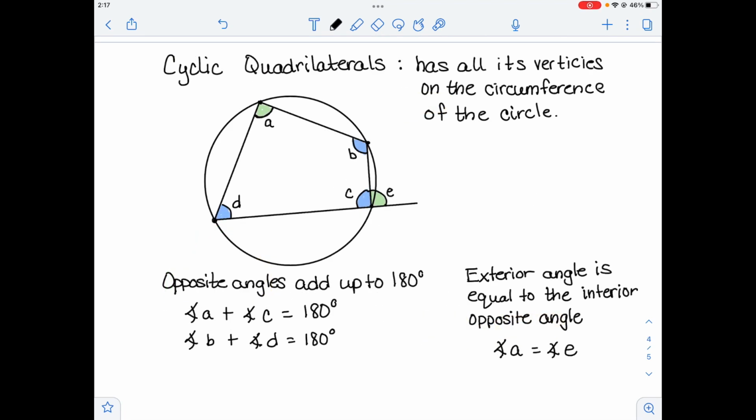The other thing we're going to talk about is cyclic quadrilaterals. This is when a quadrilateral has been wrapped or is embedded or inscribed inside of a circle. So notice that all of its vertices are on the circumference of the circle. And then the thing that you have to know is that opposite angles add up to 180 degrees.